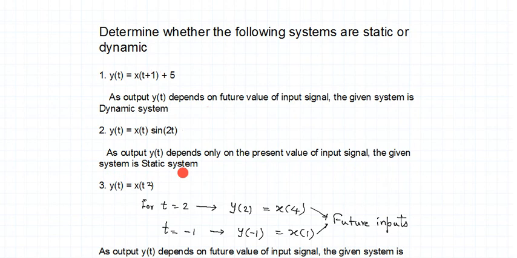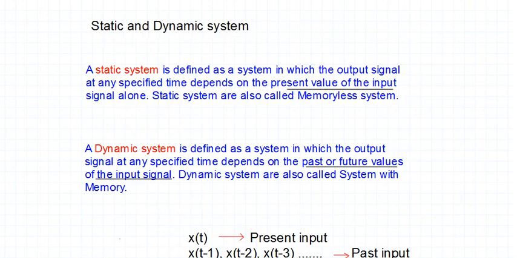If I go back, a static system is defined as a system in which the output signal at any specified time depends on the present value of the input signal alone. It only depends on the present value, no past or future values of the input.